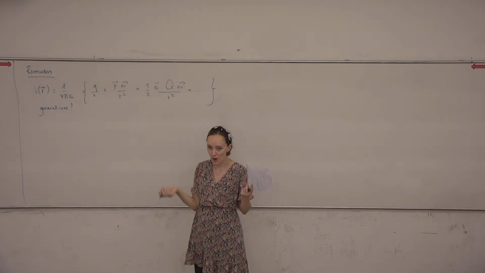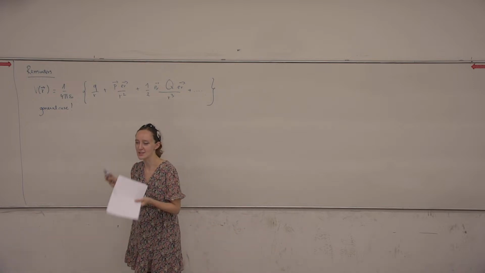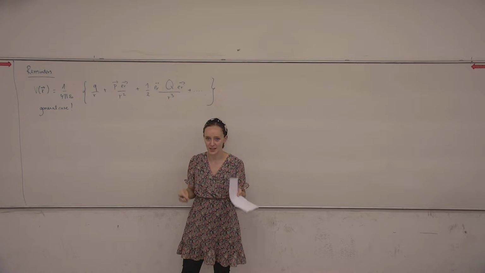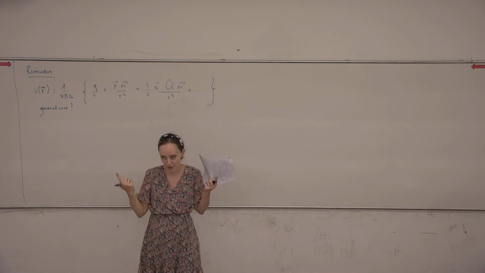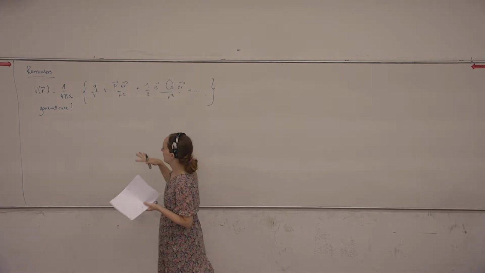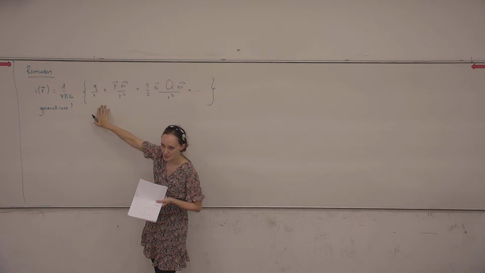Then we asked, why do we call them this way? Because in the specific case of a physical monopole, which is the case where we have one charged particle, the only non-zero term is this one.